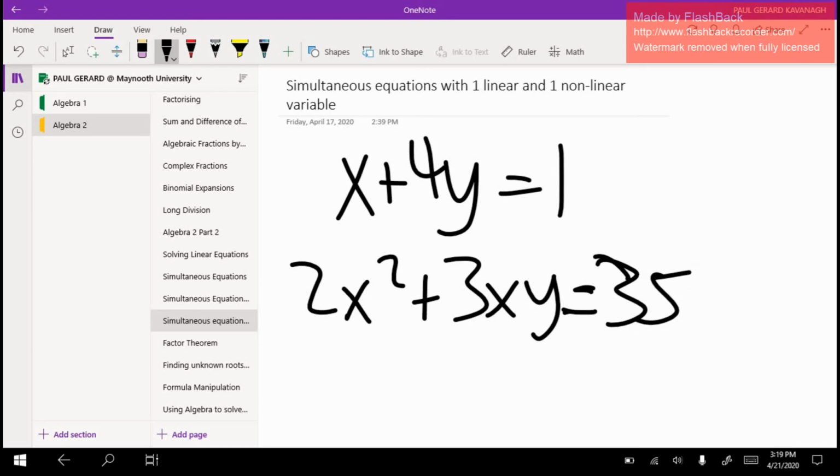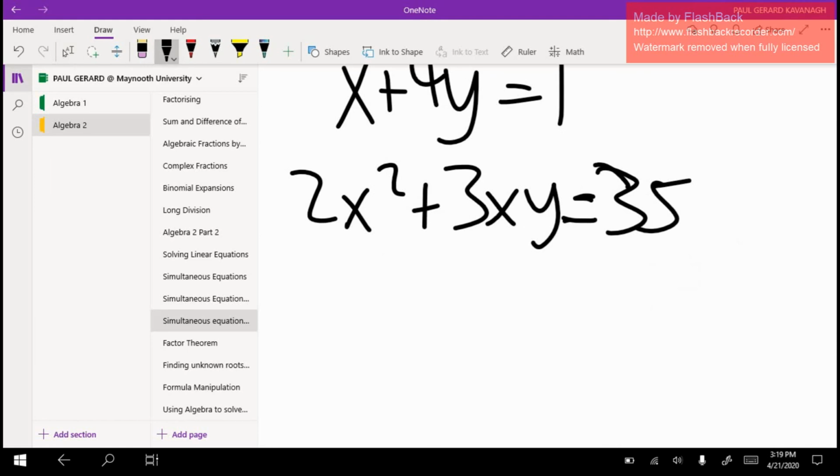The first thing you would want to do is not going to follow the same rules as the other two. What you can do is try to get some expression for x, and substitute it into your second equation. So x is going to be 1 minus 4y.